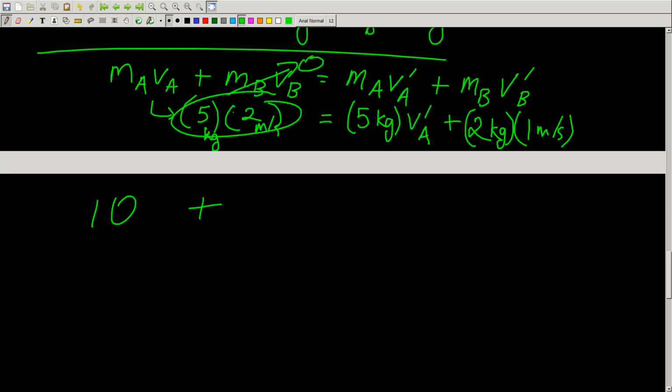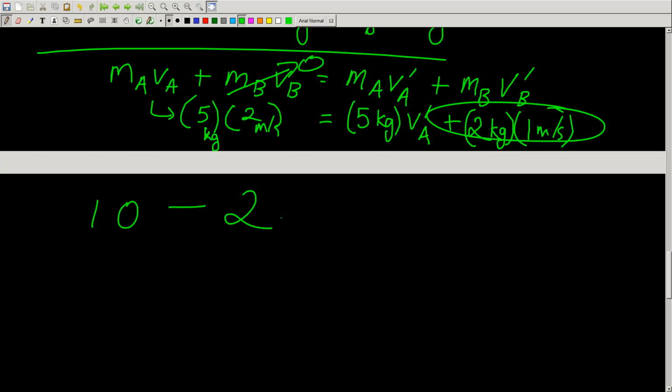So 10 is 5 times 2. So 10, not plus actually, 10 minus, and I'm going to move that over to the other side. 10 minus 2 equals 5 times VA prime. Because of that, 5 times VA prime. And then 10 minus 2 is 8.